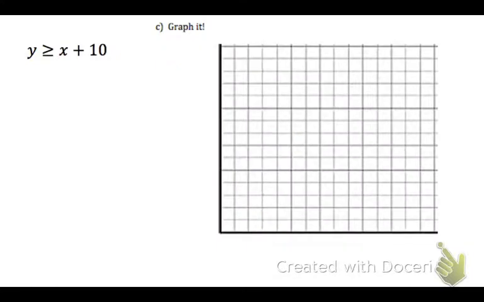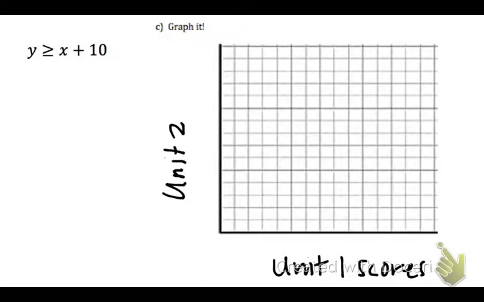Y is greater than or equal to x plus 10. Let's see if I can get these dots on here. Okay, so x plus 10. Down here we have our Unit 1 scores. Yes, you need to fill in the x and y axis on all of your problems. And over here, we want to put our Unit 2 scores.